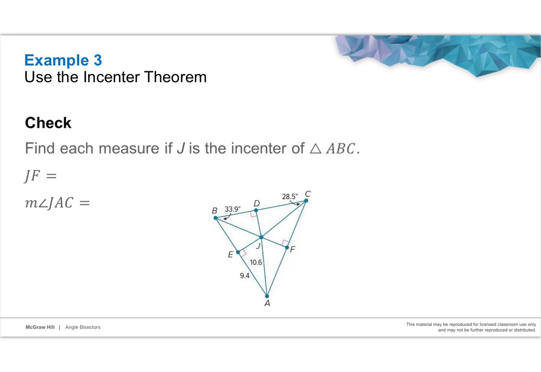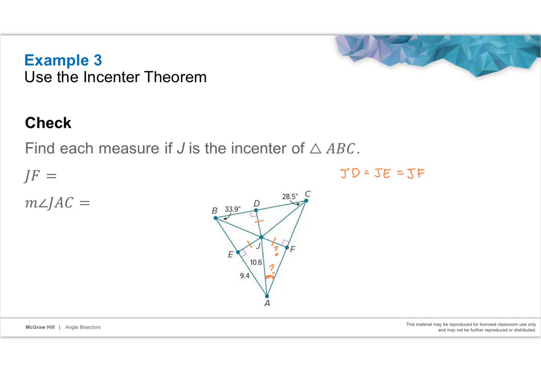All right, if J is our in center, that means that JD is equal to JE is equal to JF, right? Equal distances, those perpendicular distances to the sides are all the same. So therefore, we can say within the triangle that we need to work through, JAC, which is here that we need to work on, and JF, which is here.